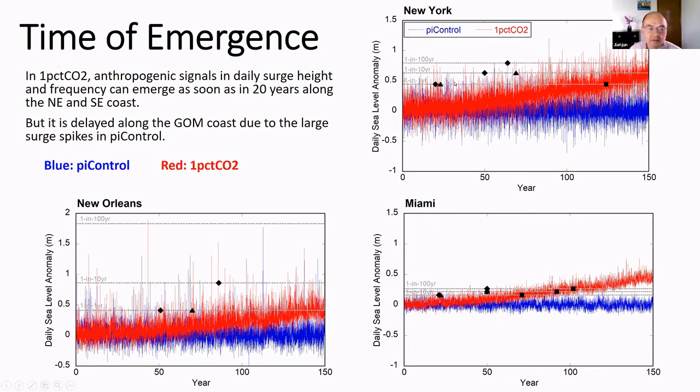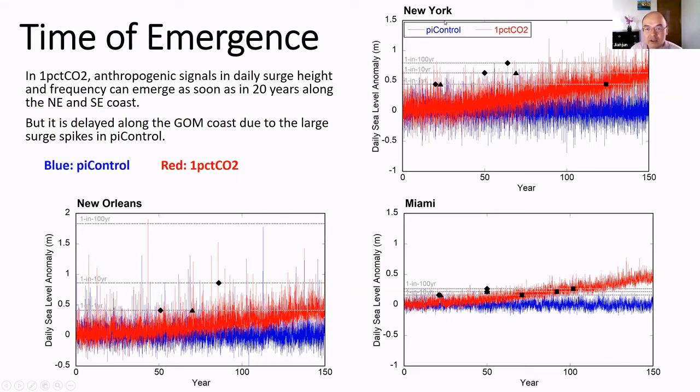So that's the time of emergence of the anthropogenic signal. So the diamond is the emergence time for surge frequency. The triangle is the emergence time for surge height. So you see the anthropogenic signal can emerge from the background variability maybe 20 years after the start of the simulation.